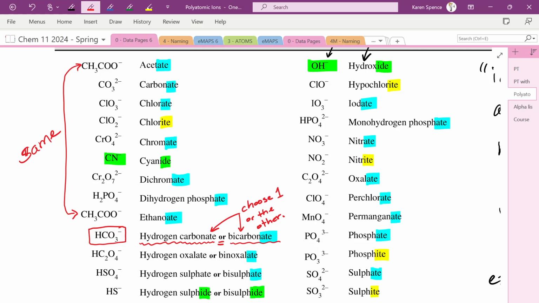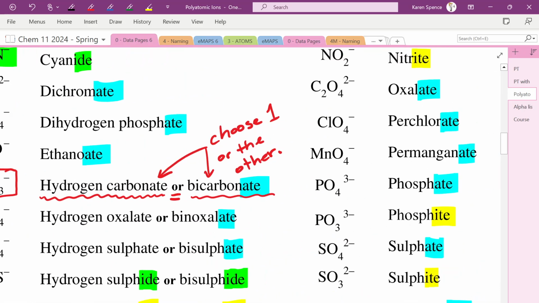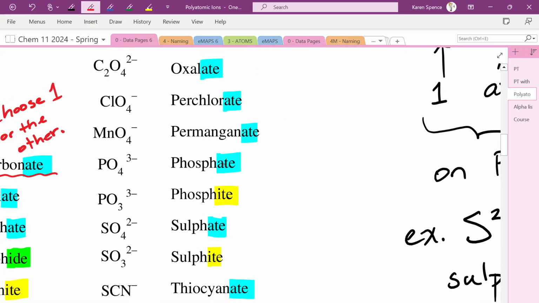I'd also like to draw your attention to what is the difference between an ate and an ite. In this case, the ate has 3 oxygens and the ite has 2. And I'm really sorry for this pen. It just does such weird things and it's driving me crazy. Let's take a look at another one. We have over here phosphate, which has 4, and phosphite, which has 3.